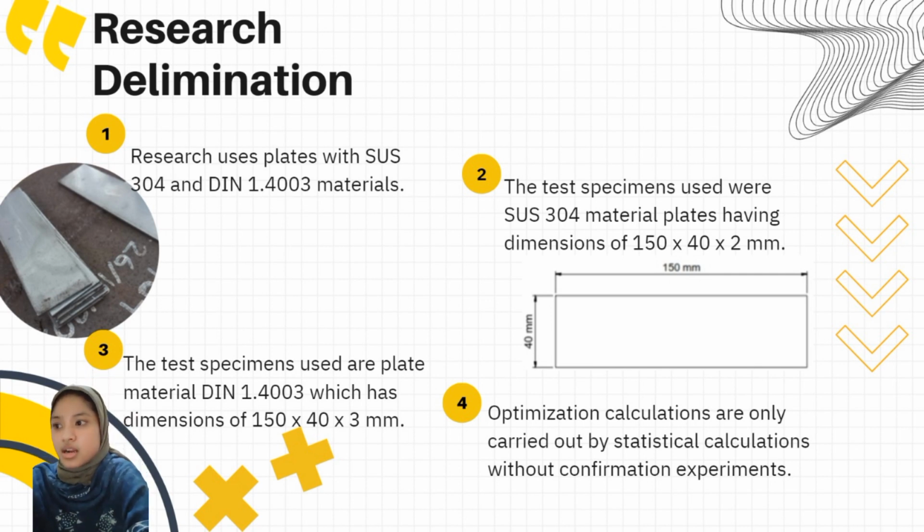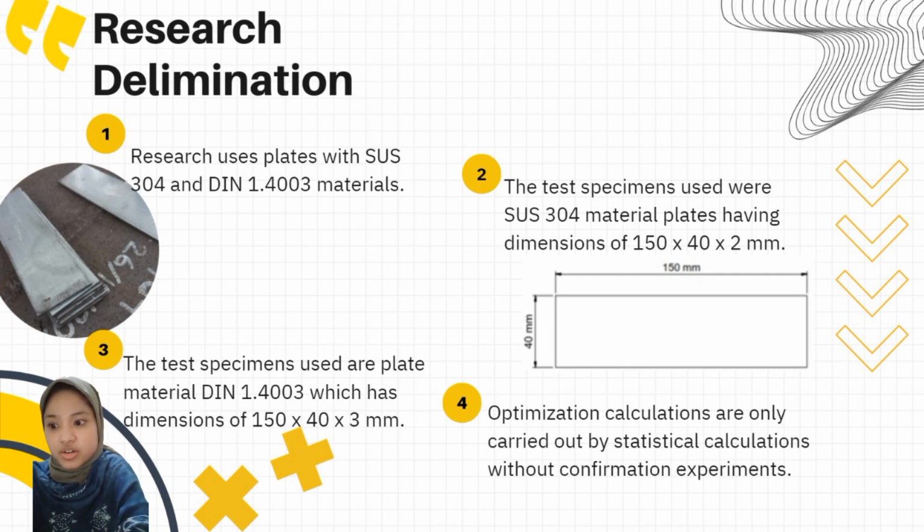So this is research delimitation. First, research use plates with stainless steel 304 and DIN 1.4003 materials. And second, the test specimens used were stainless steel 304 materials as plate having dimension 150 mm and 40 mm and 2 mm for stainless steel 304.